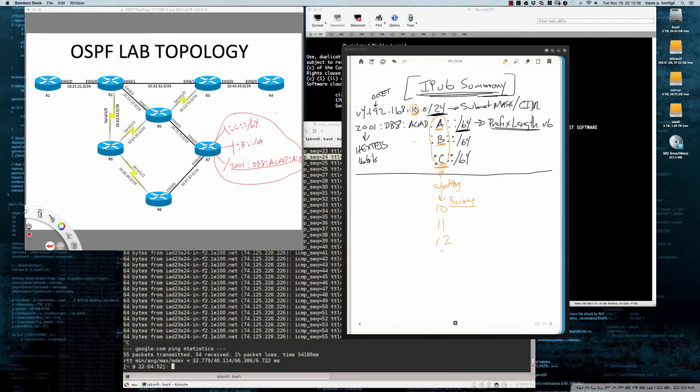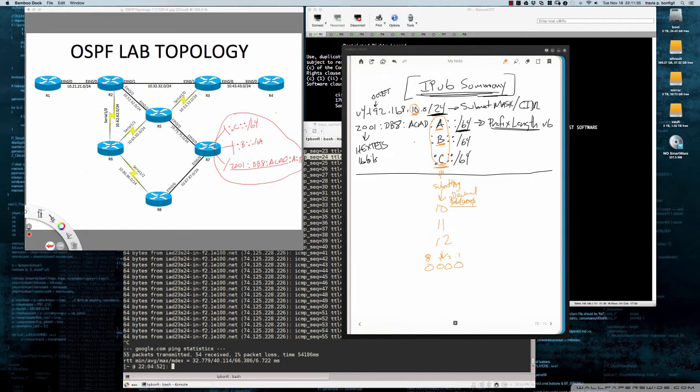Then we're going to go from decimal into binary. Now remember, each hex character is represented by 4 binary digits, or 4 bits. So we've got 1, 2, 3, 4, and their values are 1, 2, 4, and 8 respectively. Similar to the octet, however, the octet went out to 8 bits to represent the whole octet.